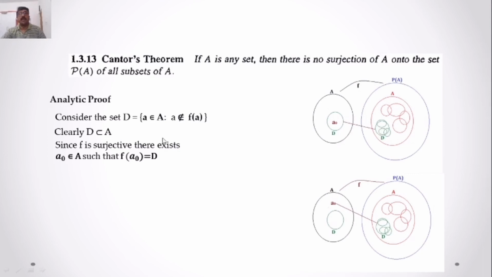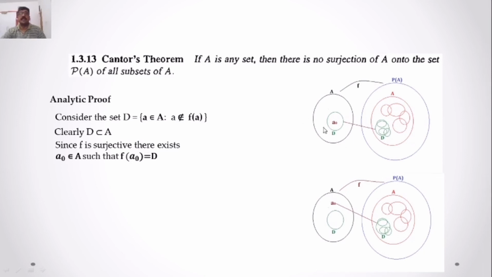D is all a in A such that a is not in f(a). Whenever a is not in f(a), that element we will take in D. So this way we form a subset D of A. Clearly D is a subset of A.